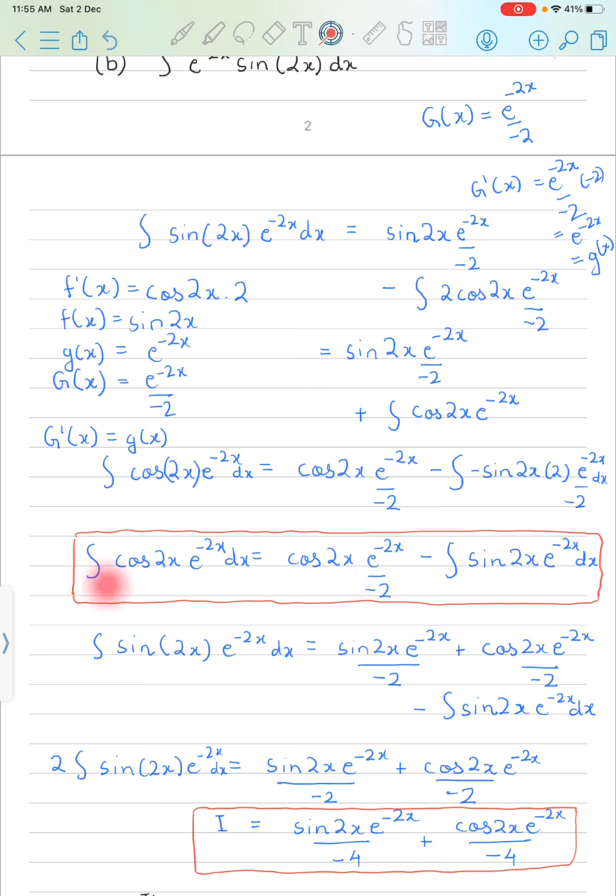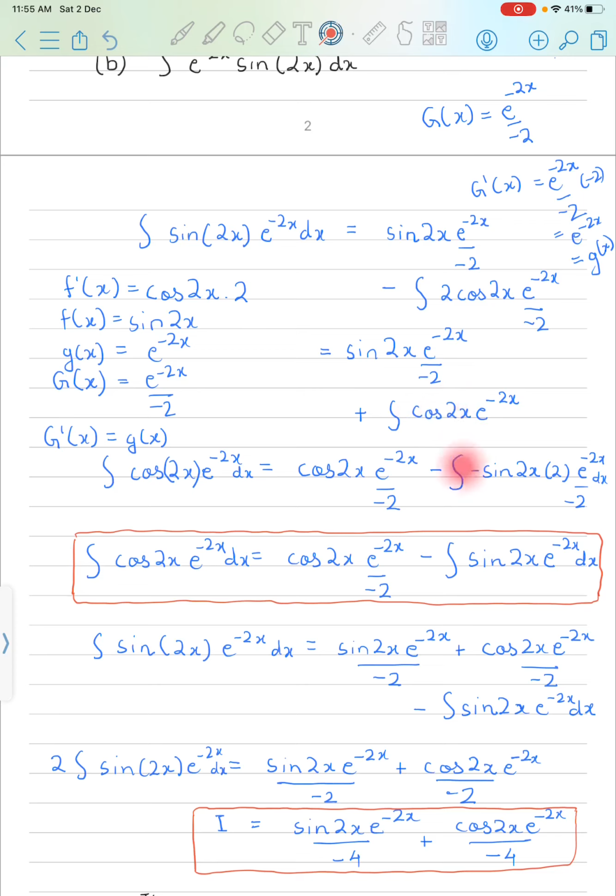Okay, so this is our value for the integration of cos 2x into e to the power minus 2x dx. If you input this value here, you will get, this thing is already there.